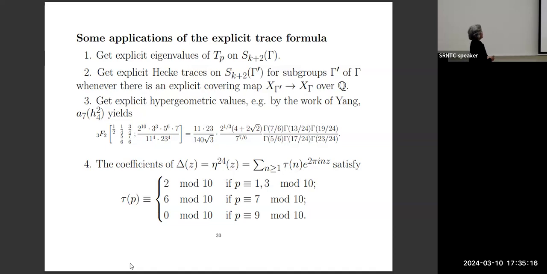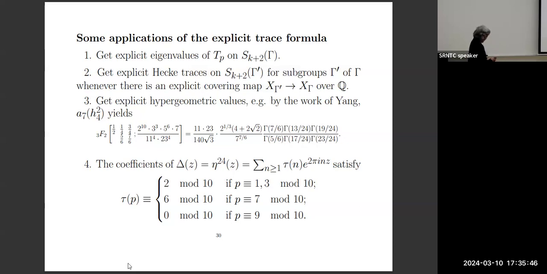And the second is that although we only gave a uniform treatment for the 7 groups, if we have a subgroup, gamma prime of our group, and an explicit covering map over Q, then we can pull the sheaf back from X gamma to X gamma prime, and we get explicit Hecke traces for the subgroups.